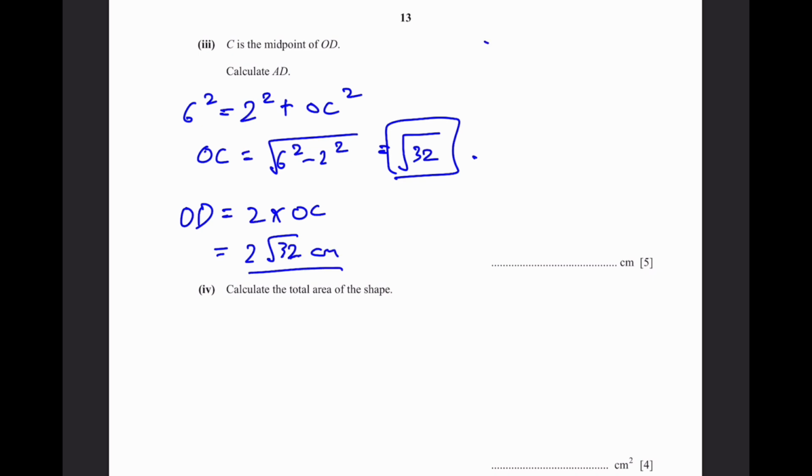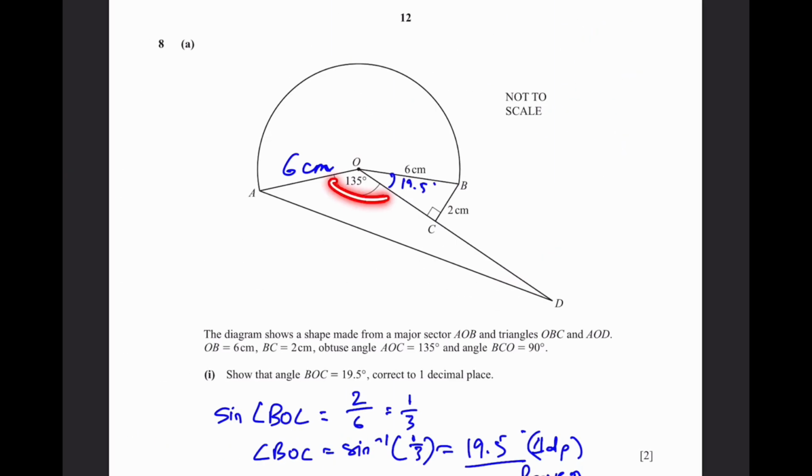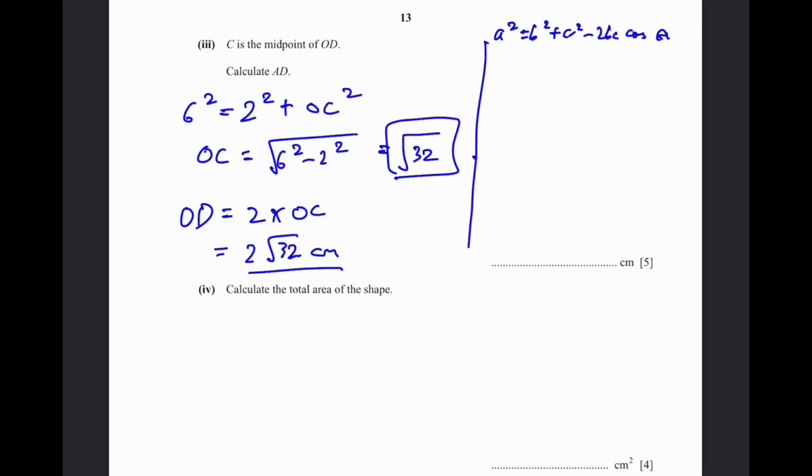And now, using the cosine rule, a squared equals b squared plus c squared minus 2bc cosine A. And this capital A is the angle opposite the side a, which is this angle, and the side a is this. And sides b and c are just these two. You can take any one of the two to be b, and the other one will be c.